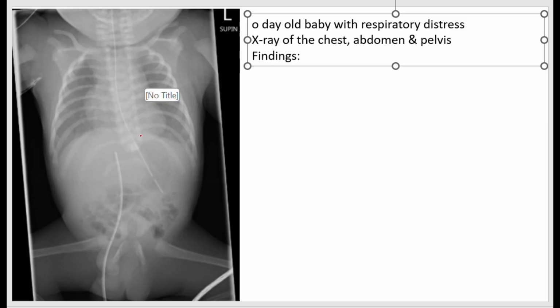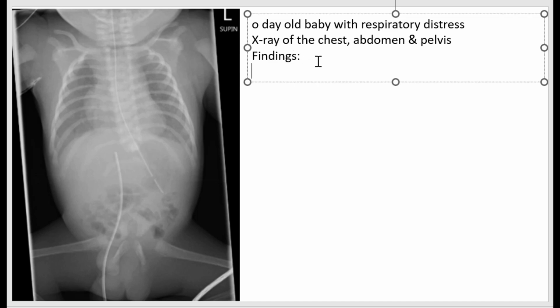Okay, so here the first finding is that there are 10 thoracic vertebrae with associated ribs.